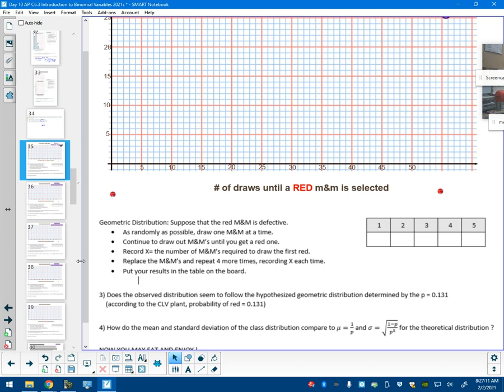So I got my first red one on the 7th one that I took out. Now I'm going to start a whole new trial. Make sure you mix them up. So now we're going until something happens.